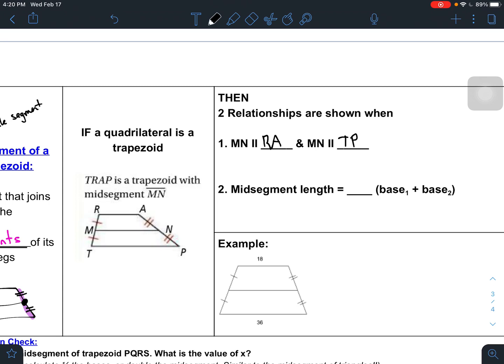Remember that the bases of our trapezoid are parallel to each other, so if MN is truly a mid-segment, it will be parallel to those bases as well. The mid-segment, MN, is also going to equal 1/2 the sum of the bases. It's going to equal 1/2 the sum of the bases.